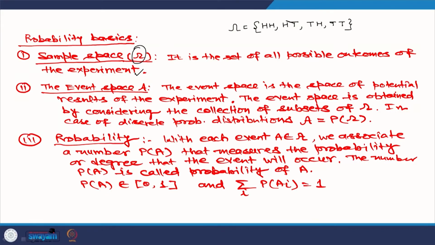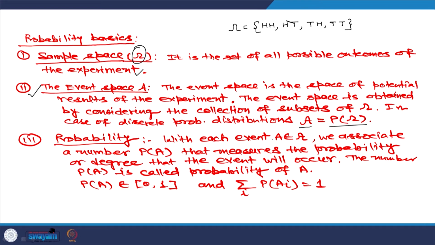Then I have the event space, which is the space of potential results of the experiment. The event space is obtained by considering the collection of subsets of the sample space omega. For discrete probability distributions, the event space is the power set of the sample space. Then what is probability?